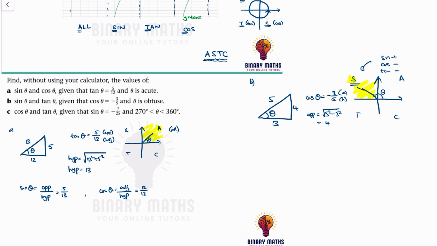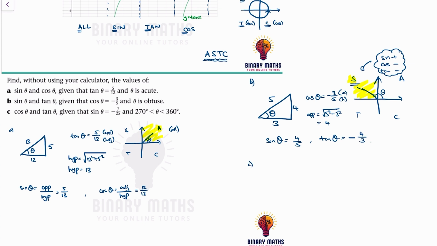The first thing I want to find is sin theta. Sin theta is positive, so it's opposite over hypotenuse, which is equal to 4/5. And for tan theta, I know tan theta is negative, and it's opposite over adjacent, which is negative 4/3.